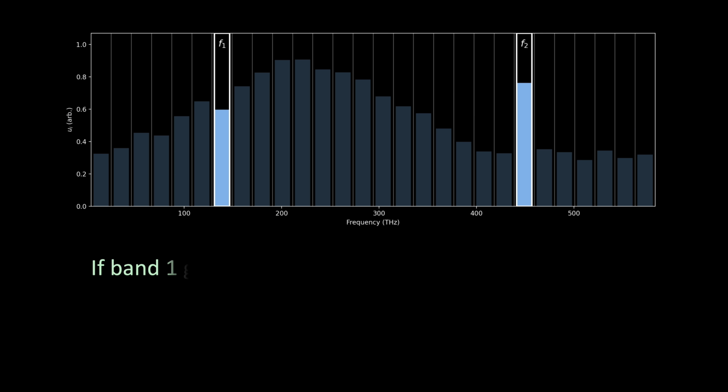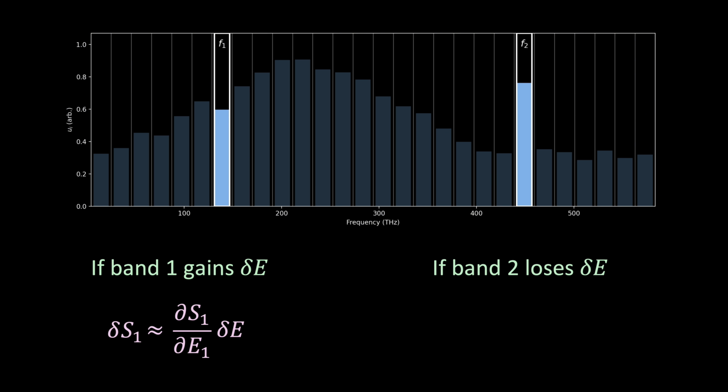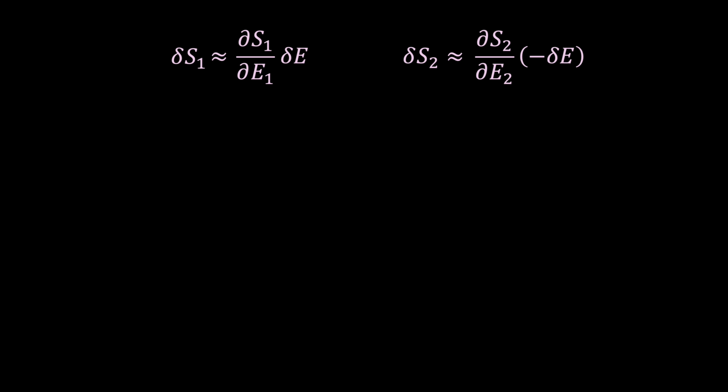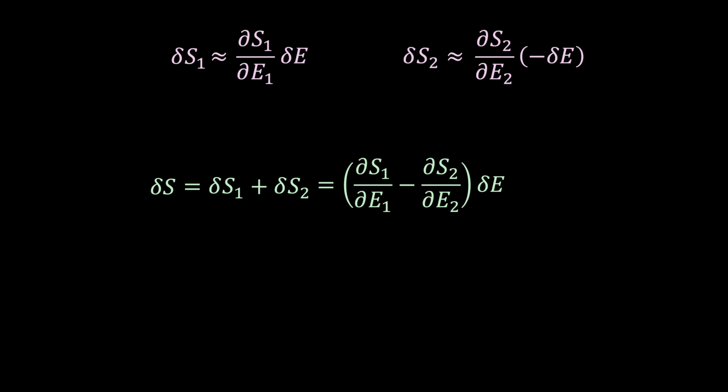In other words, if band 1 gains energy delta E, its entropy change is given by the gradient dS1 by dE1 multiplied by delta E. Then, if band 2 loses the same amount of energy, its entropy change is again given by the gradient at frequency 2 multiplied by minus delta E. If we then add these together, the total change in entropy from this swap will be equal to delta S1 plus delta S2, which gives the following expression, where we factored out delta E.